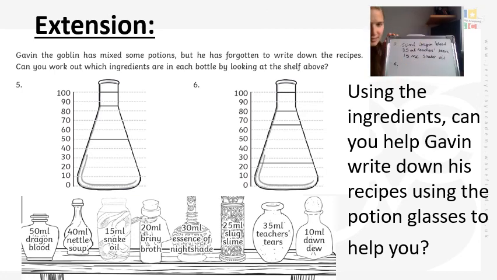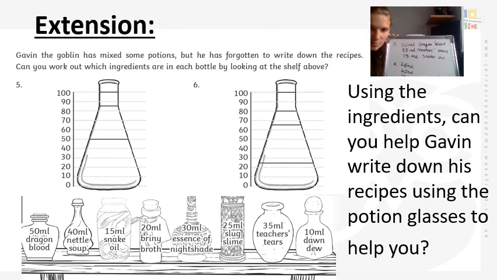For number 6, we've got 25 millilitres of something. Then we need to go from 25 up to 65, so 25, 35, 45, 55, 65, so that's 40 millilitres of something else. Then we go from 65 up to 80, which is 15 millilitres, and 80 up to 100, which is 20 millilitres.